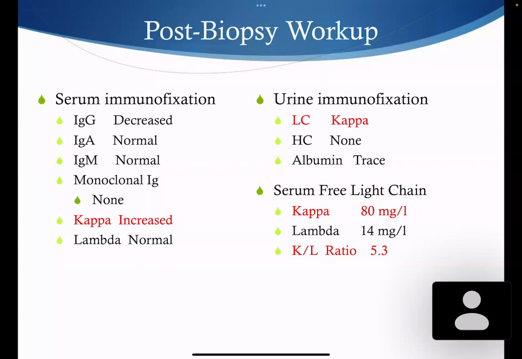And what is most important about the serum free light chain is the ratio between the affected and the non-affected light chain, or in another way, the difference between the affected and the unaffected light chain. And this is not only for diagnosis, but is a base for monitoring the response.